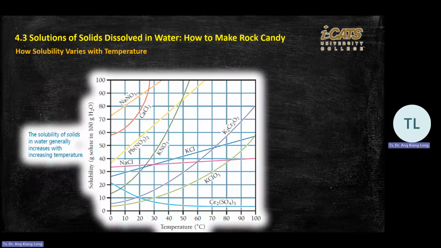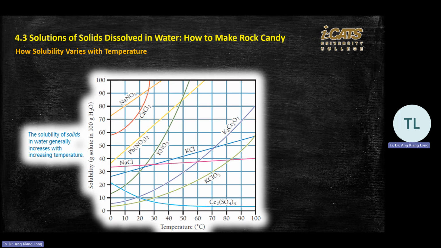This is a chart of solubility in grams per 100 grams of water versus temperature. Let's pick one you're familiar with, NaCl, the salt. At room temperature, 20-something degrees, it will be about how many grams? 36, right?